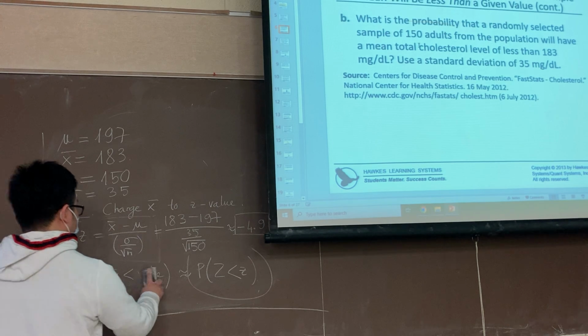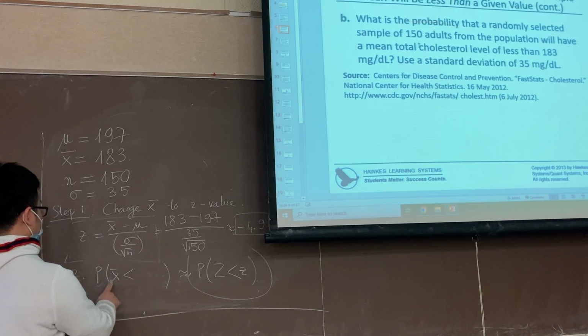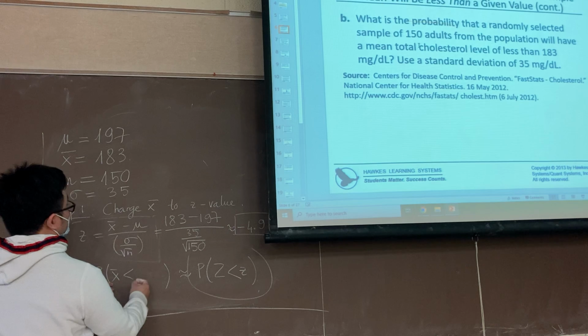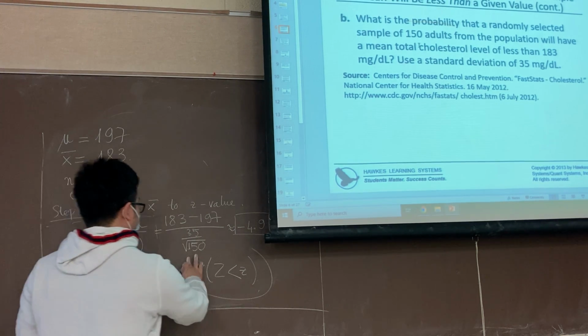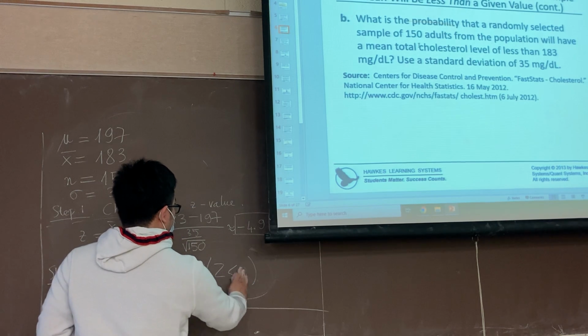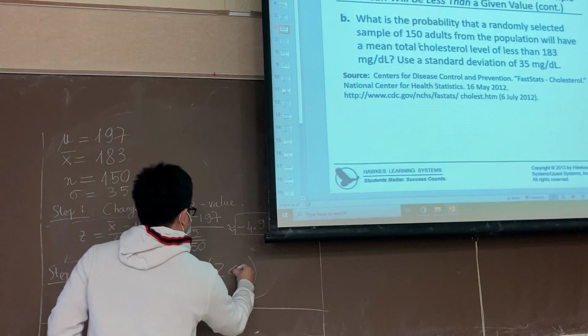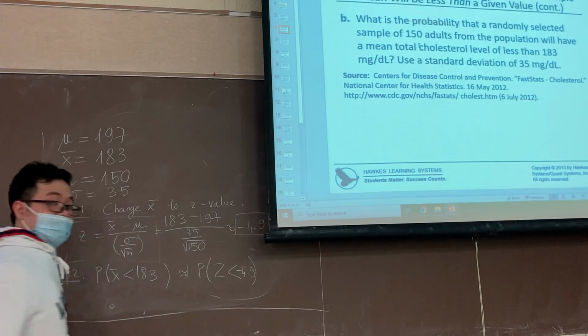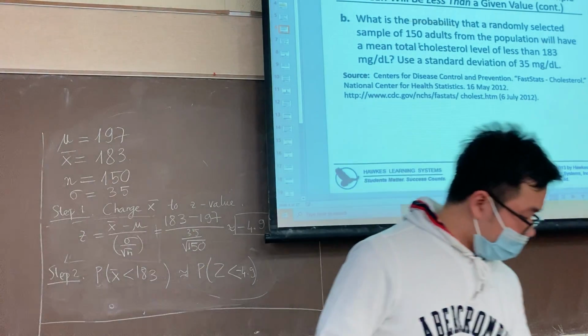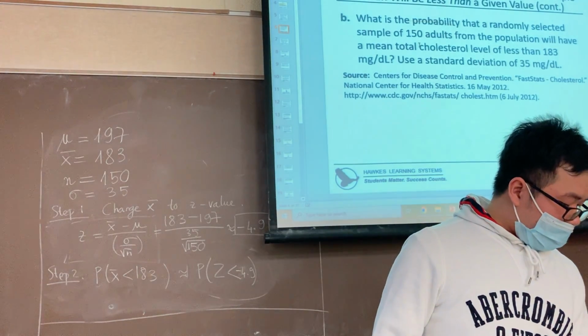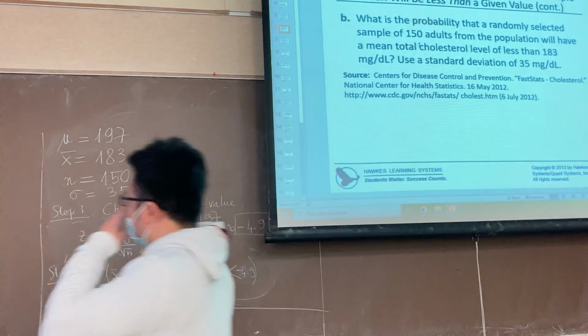Okay. And now we apply step 2. The probability of choosing a sample less than this number is approximately the probability of z less than this number. So use the table to find this. If you cannot find this, I will draw the picture.